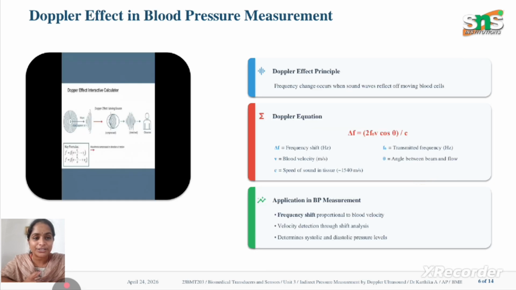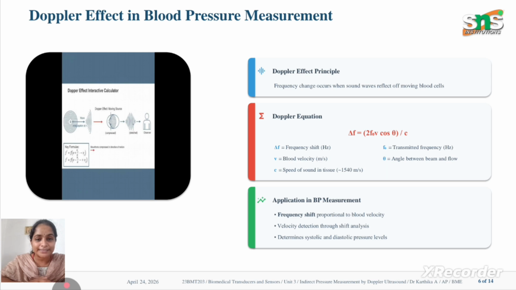See the Doppler effect in blood pressure measurement. Frequency changes occur when sound waves reflect off moving blood cells. The equation is del F equal to 2 F naught V cos theta by C. Del F is the frequency shift, measured in hertz.